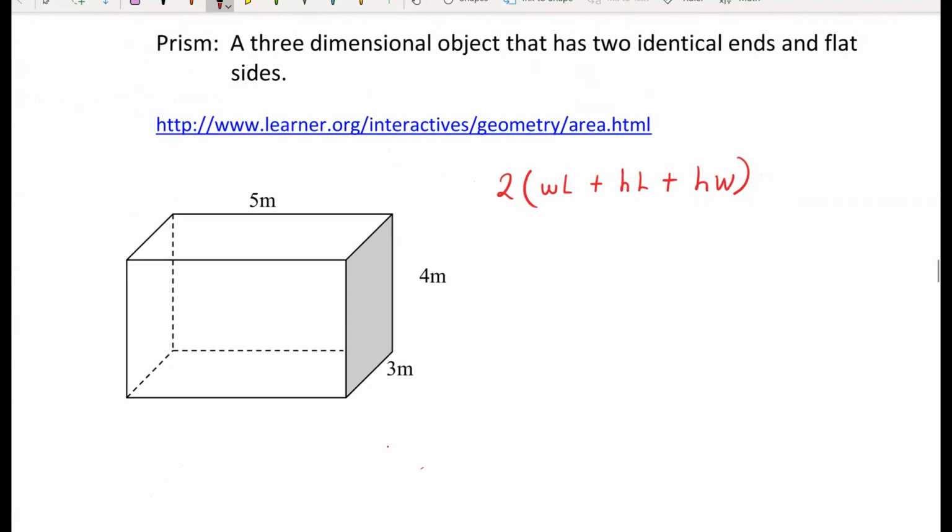Looking back at the prism, I want to first find my width and my length.